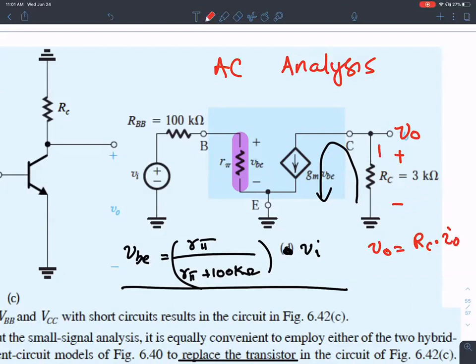But notice I0 is exactly the same as negative GM VBE, because the current flowing in this direction is opposite to the I0 current. So I can replace I0 with negative GM VBE.